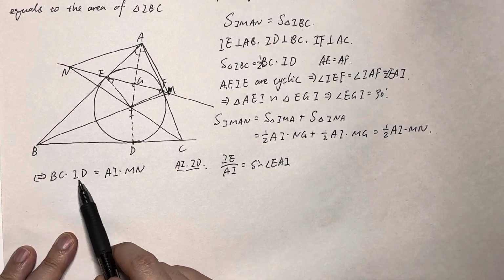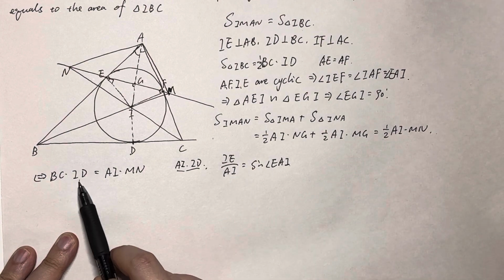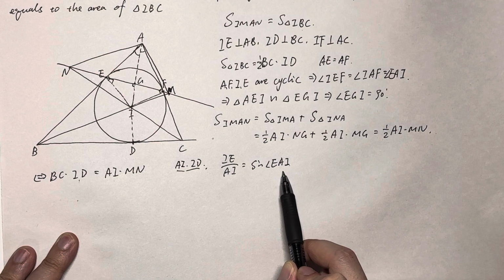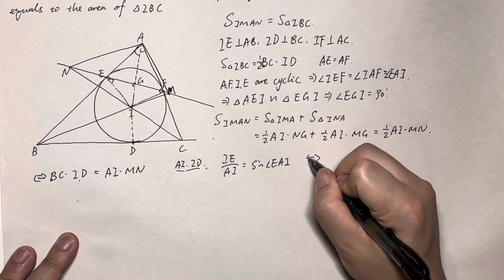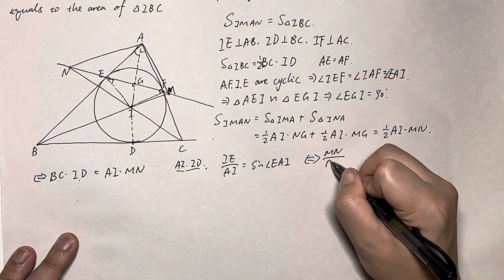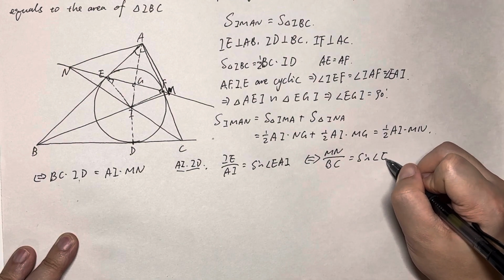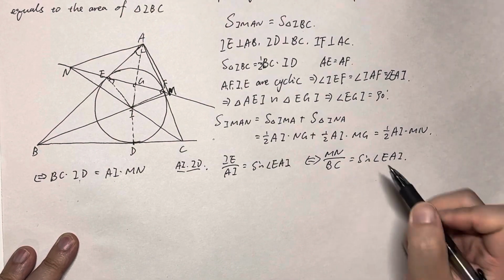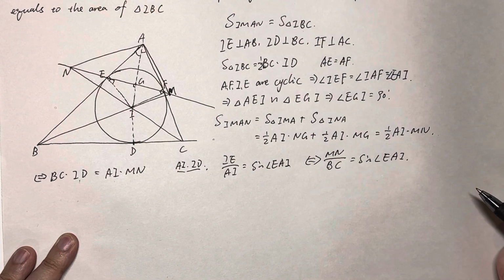That means ID to AI equals sine of angle EAI, which means we just need to prove that MN to BC equals sine of angle EAI. Okay, so this requires us to find the relation between MN and BC.